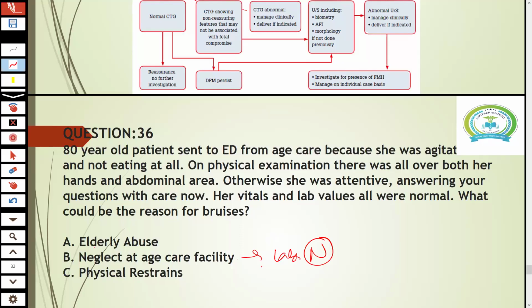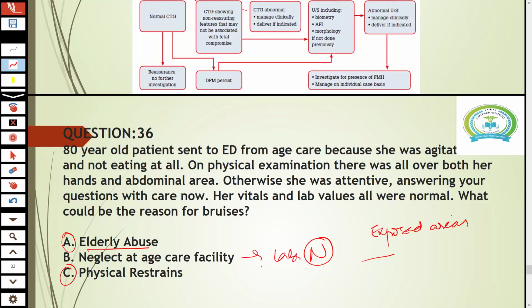Now we have two important differentials, because elderly abuse is very important. But there's a thin line between physical restraint and elderly abuse. See, when they mention the exposed areas, when a patient is agitated and hyper, what will you do?